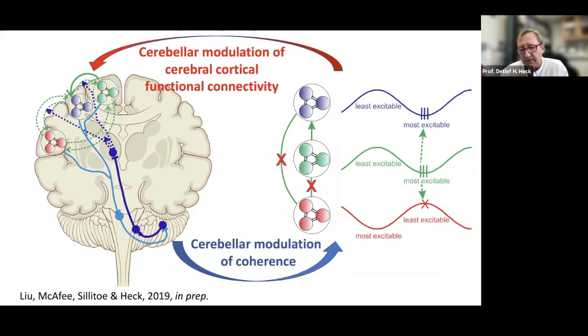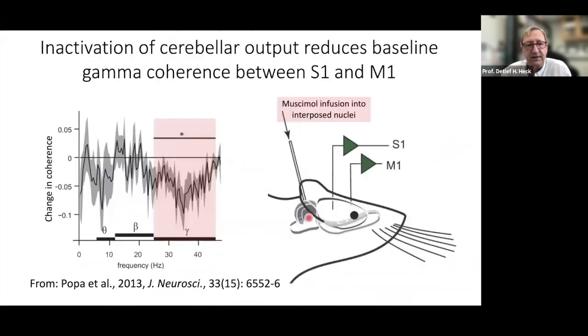This is a finding, of course, that we made based on our cognitive task on spatial working memory, but we're actually not the first to report an influence of cerebellum on coherence. This was first reported by Daniela Popa and her colleagues. They recorded baseline coherence in a rat, I think, in primary sensory and motor cortex, and infused muscimol into the interpositus nuclei, basically silencing cerebellar output from the interpositus.